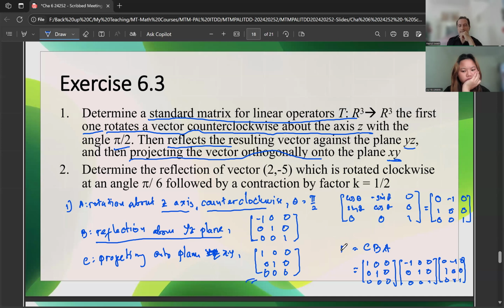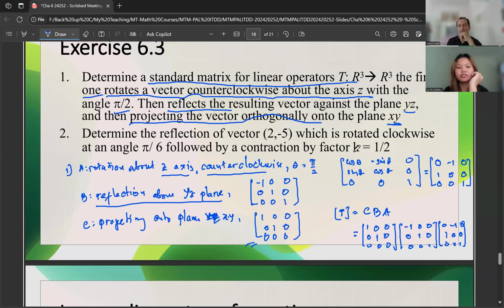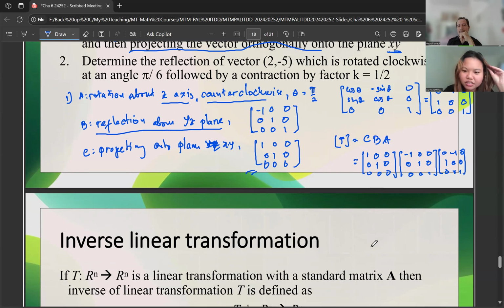So it means that we must find it like this. Can you multiply it? Yeah, I think you can do it, multiply it one by one.